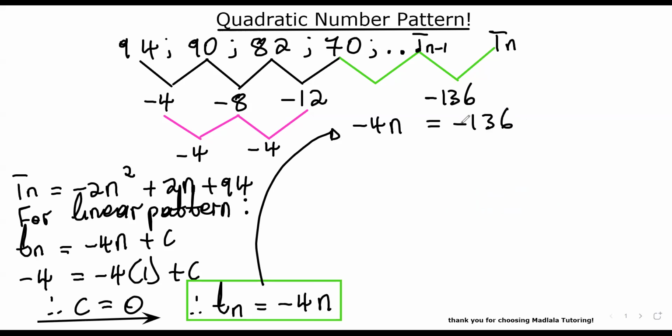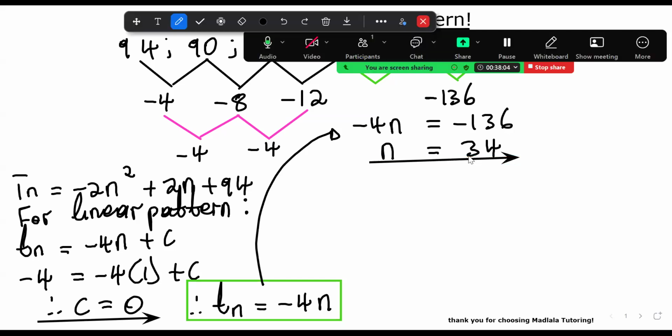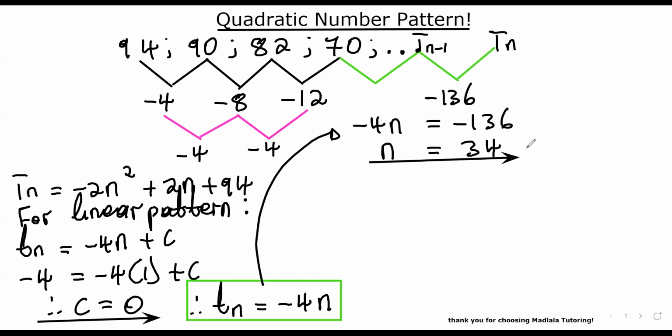And if we say negative 136 divided by negative 4, you find that n is just going to be 34.